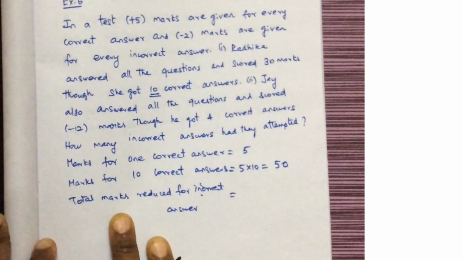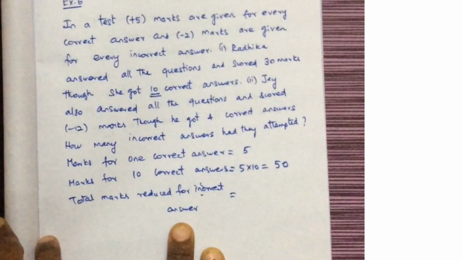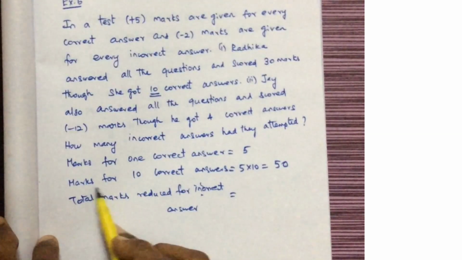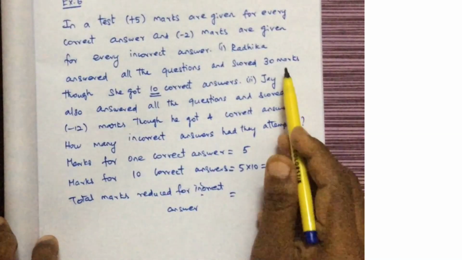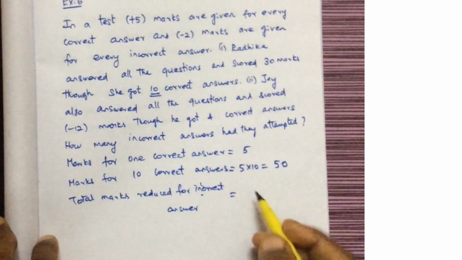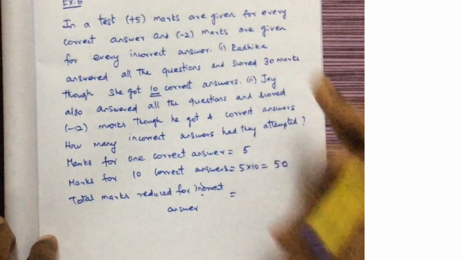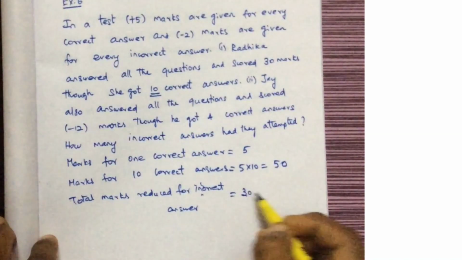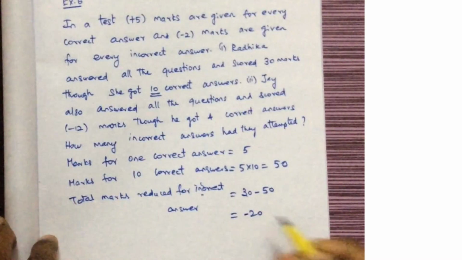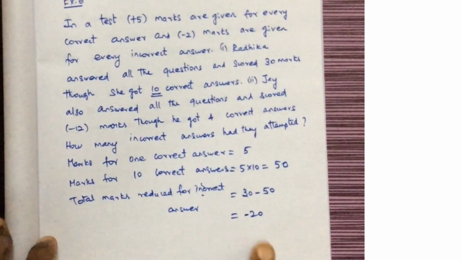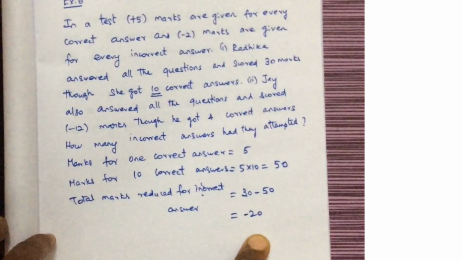What is the total marks she got for incorrect answers? The marks for correct answers is 50, and her total score is 30. So the marks for incorrect answers is 30 minus 50, that is equal to minus 20.